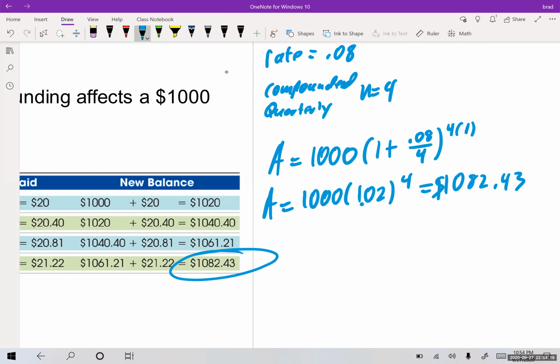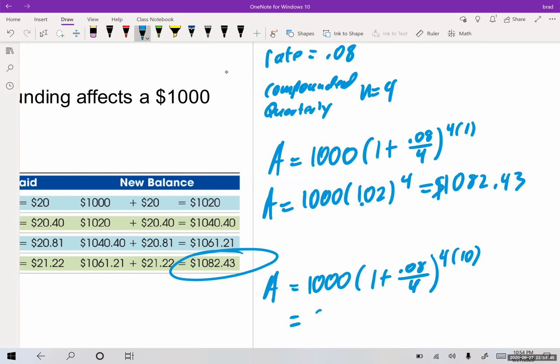Now what we could do is, how much would this investment be worth at the end of 10 years? So let's do A equals 1,000 times 1 plus 0.08 divided by 4, and then we're going to do quarterly times 10 years. Okay, so let's see what we get. So I'm going to do 1,000 times 1.02 to the 40th.